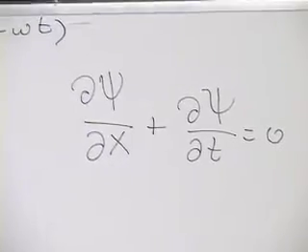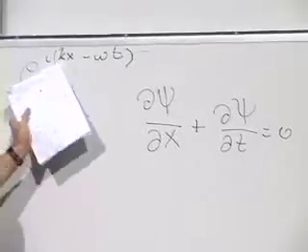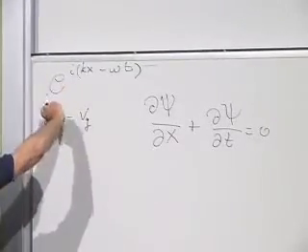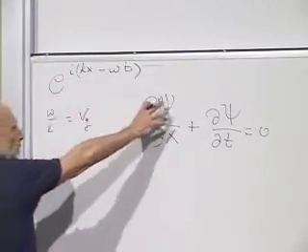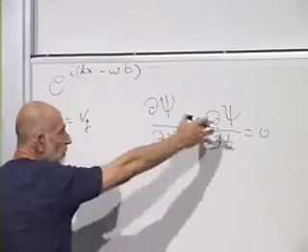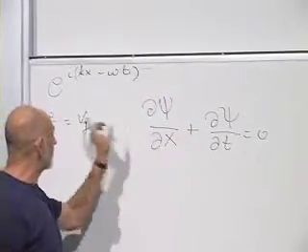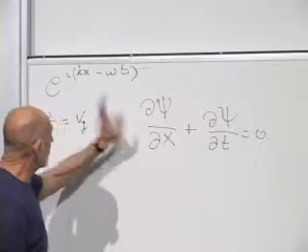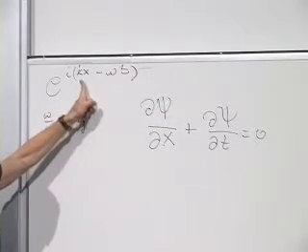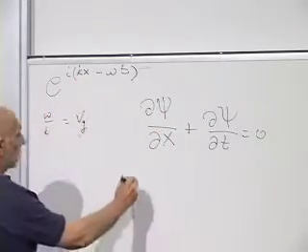If this were the form of psi, we can use this equation to tell us what the relation between k and omega is. The derivative of psi with respect to x, taking a derivative with respect to x, pulls down an ik.